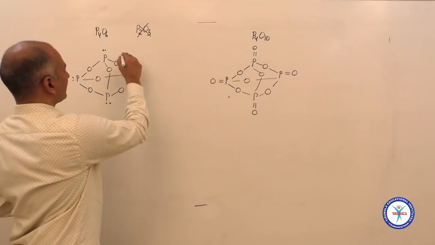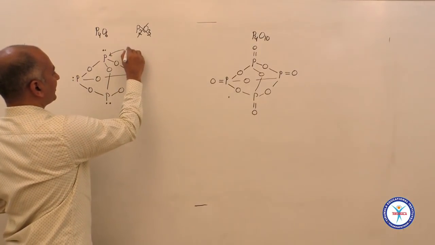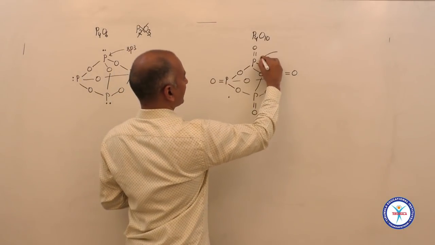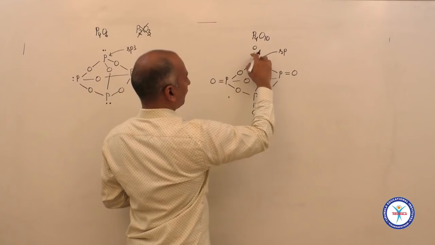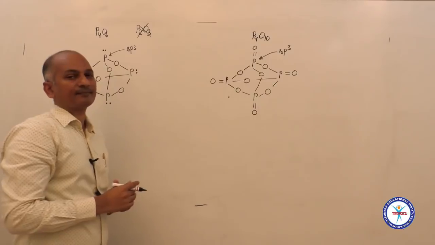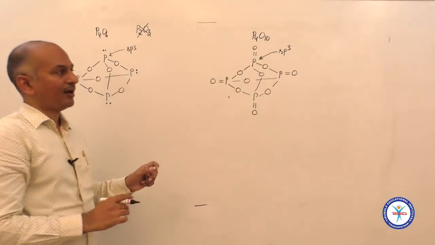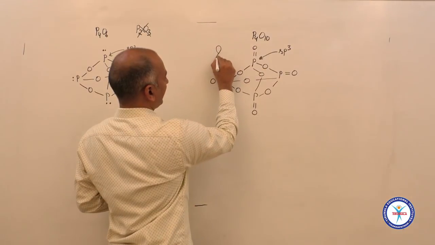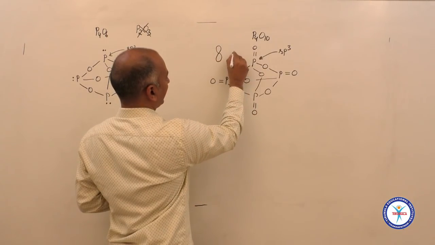What is the hybridization of phosphorus here? 1 lone pair, 3 sigma bonds, sp3. And what is the hybridization of phosphorus here? 4 sigma bonds, 1 pi bond, so it is also sp3. But only thing is that there is no lone pair. And you see what type of a pi bond it is? P pi P pi or P pi D pi?